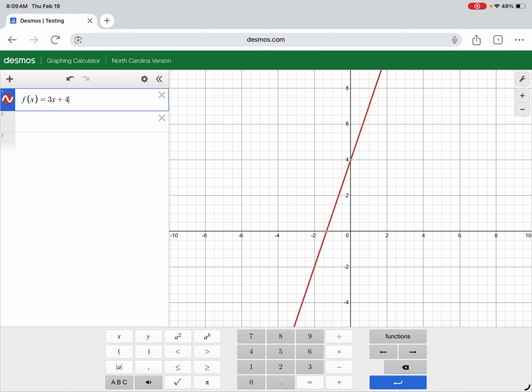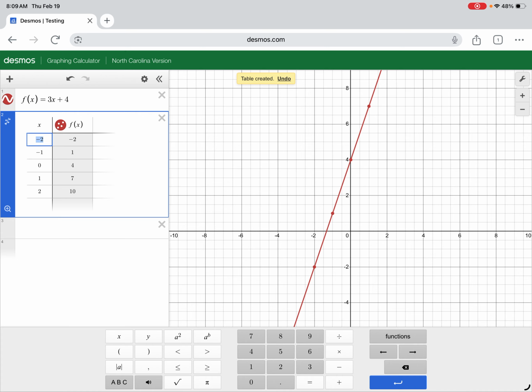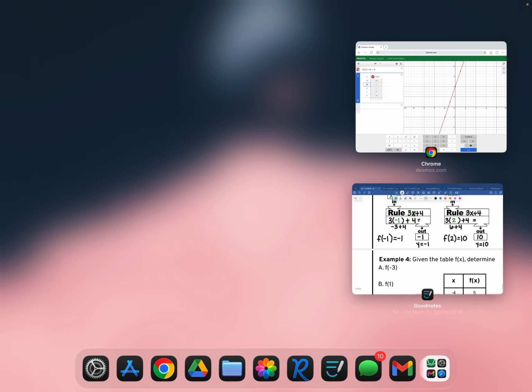If I say I want to make a table, it's going to automatically create an input-output table for me, with -2, -1, 0, and so forth. So I have -2 right, and -1 right here, and I got +1.